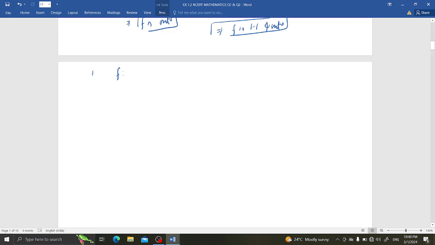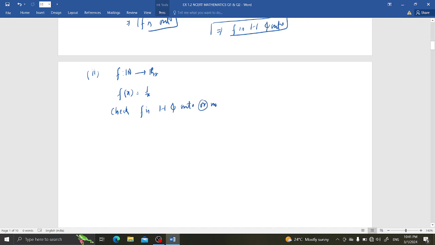The function, in the second part, is defined from the set of natural numbers to the set R star, f(x) equals 1 upon x. Check whether f is 1-1 and onto or not.